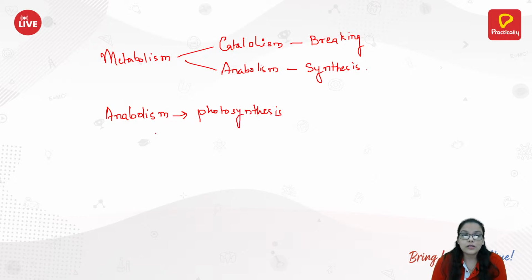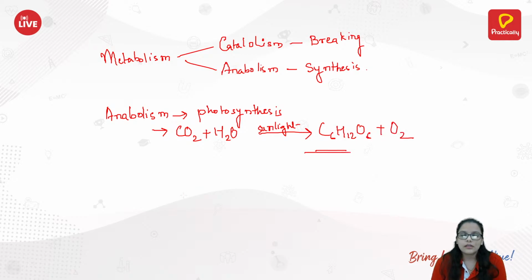Now, what is photosynthesis? Photosynthesis happens when there is carbon dioxide and water. You give sunlight. Okay, what is formed? C6H12O6 and oxygen. Okay, what is this? Can anybody tell me?